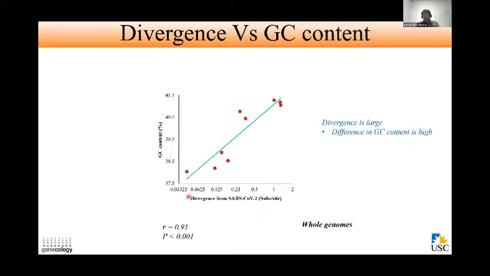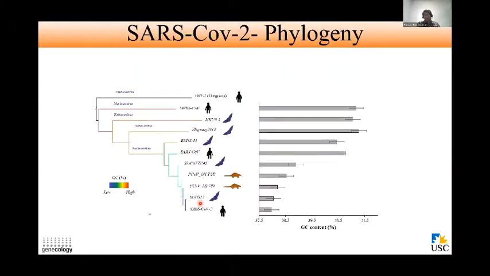As you can see, there's a positive correlation, a highly significant correlation between the divergence and the GC content. That means the GC content of the viruses that are close to SARS-CoV-2 is low compared to the ones that are distantly related.